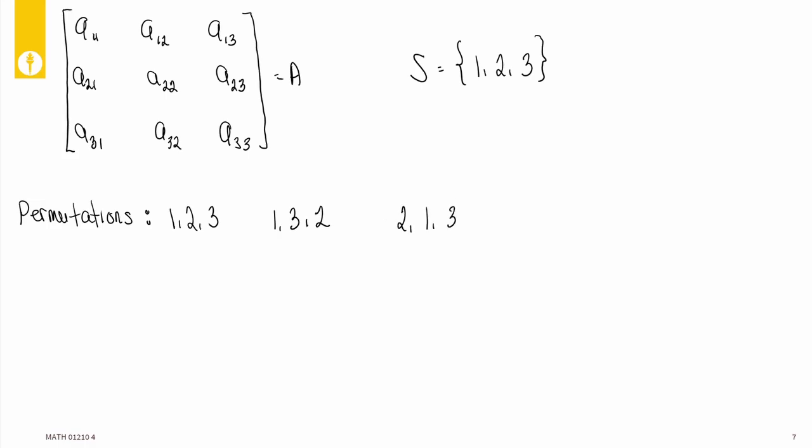Then you can have 2, 1, 3. Two, 3, 1. 3, 1, 2. And finally 3, 2, 1.